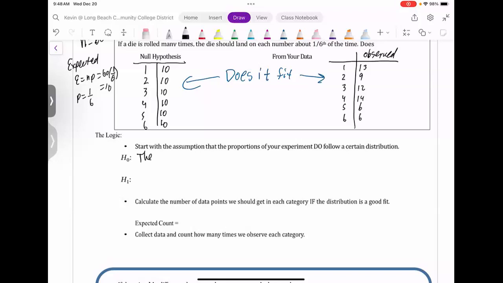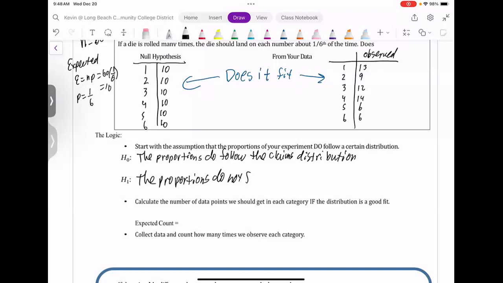So the proportions do follow the claim's distribution, versus the proportions do not follow the claim's distribution.